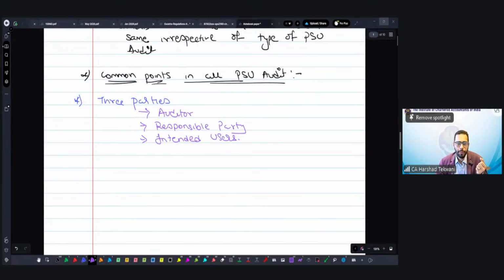When we talk about a public sector audit, there is a subject matter. And when we discussed the compliance audit or the performance audit, let's go back and understand the type of audit being performed.